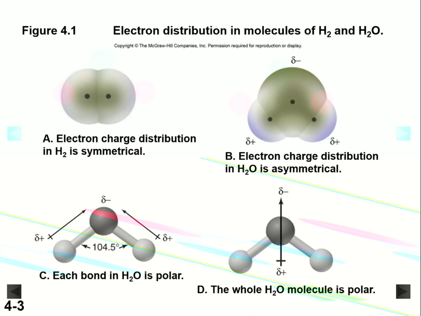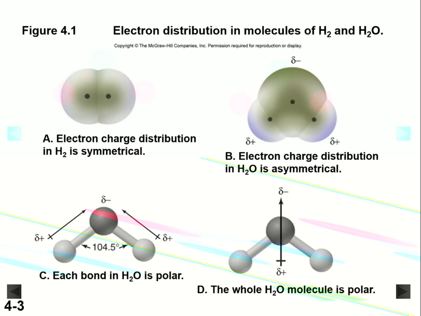We'll look at this in a lot more detail when we get to the later chapters, but sufficient to say here, we'll just get a basic picture. The electrons are spread evenly around the hydrogen molecule. So we would say that that molecule was nonpolar. There's an even symmetry to the electron distribution.